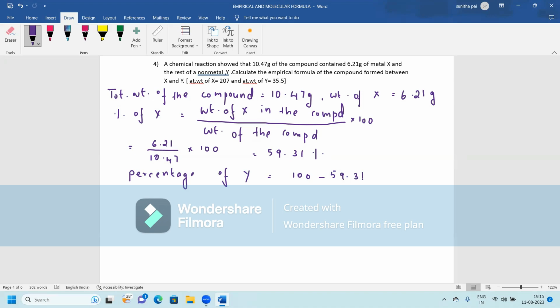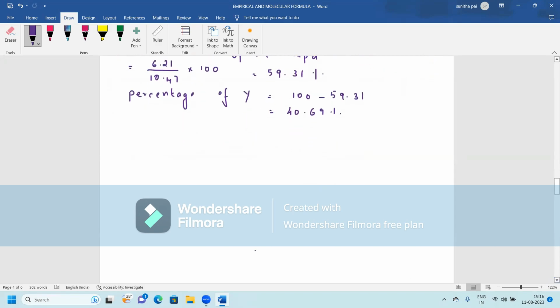Otherwise, you could find the weight of Y, that is 10.47 minus 6.21, and use it to calculate its percentage. But here it was easy: 100 minus 59.31, which is equal to 40.69%.